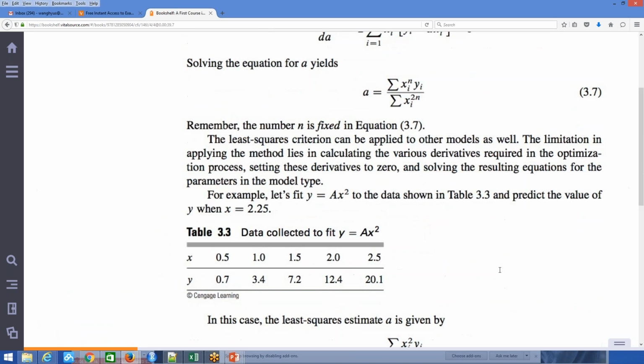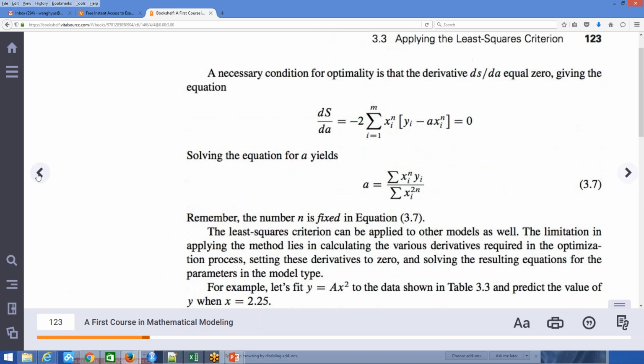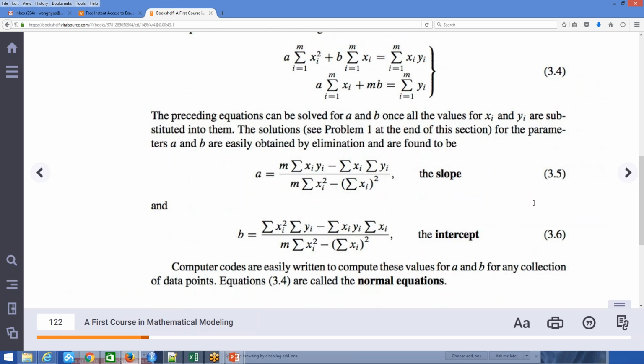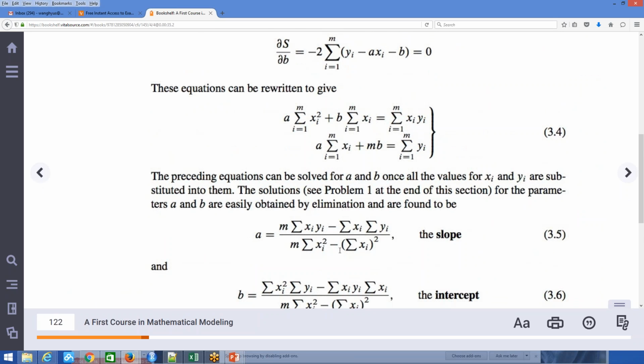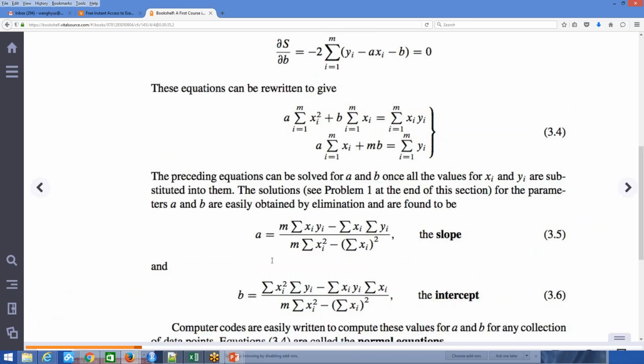Looks like we're using different references. I have 3.5 and 3.6. Ah, okay, 3.5 and 3.6. You are asking about the value when the intercept is not 0. This is really the intercept.